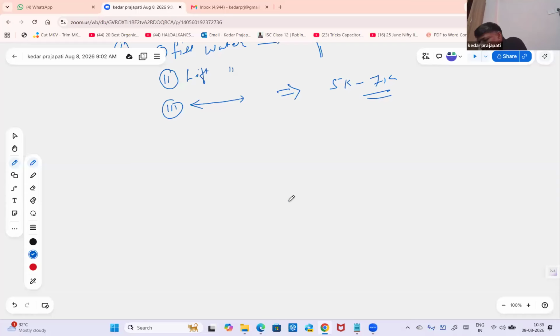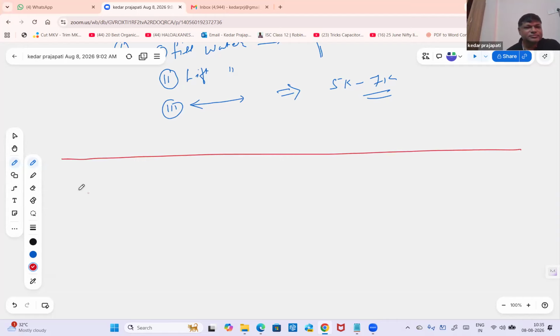Just now we learned what is linear regression. So far, no doubt, right? This is a very basic model, which is called linear regression.